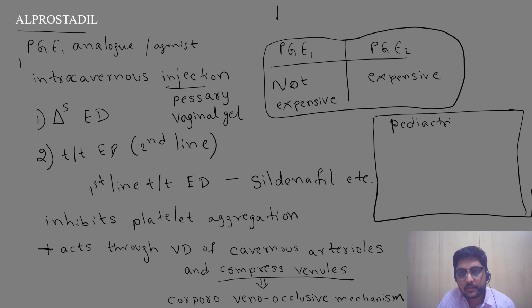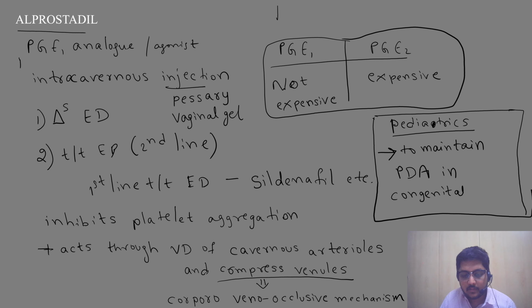In pediatrics, alprostadil is used to temporarily maintain patent ductus arteriosus in congenital heart diseases.